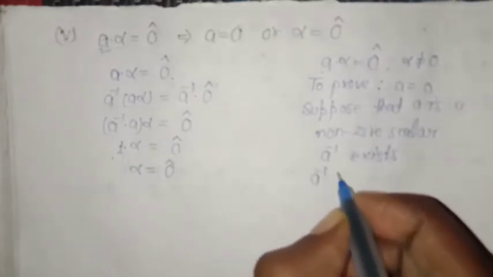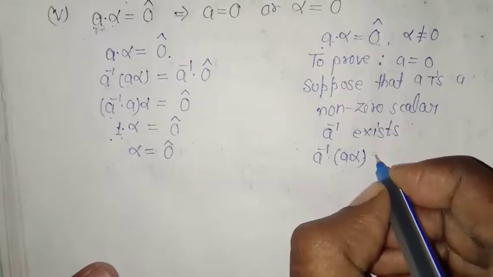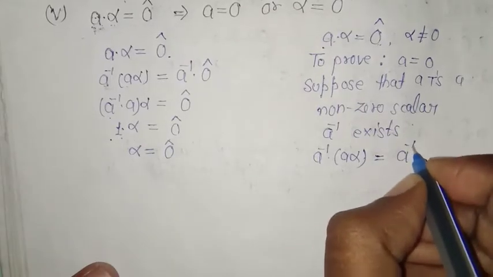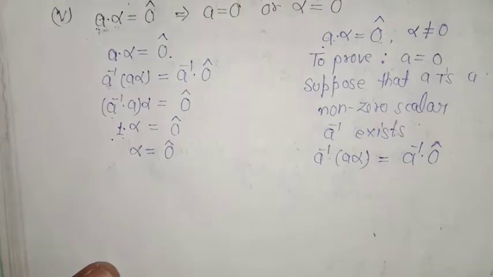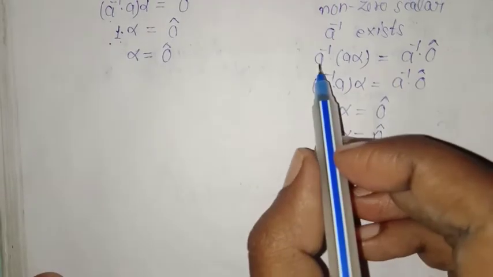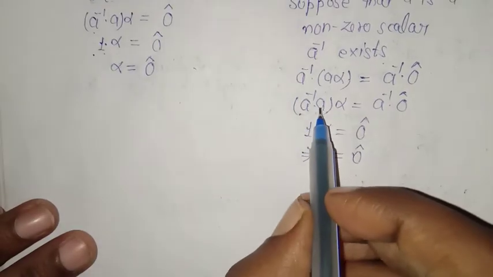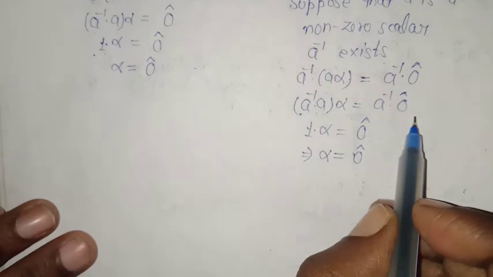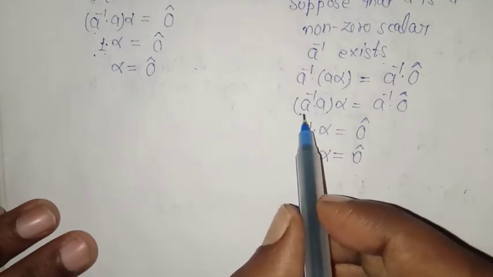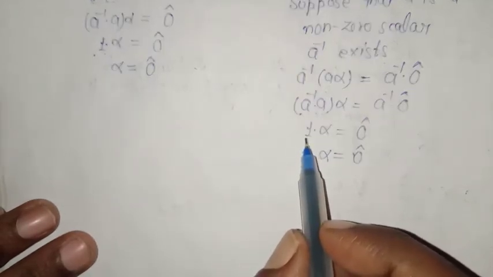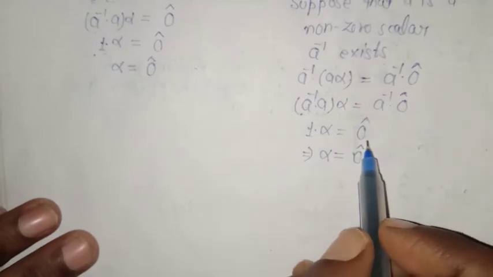So this becomes A inverse dot A alpha is equal to A inverse dot 0 vector. So if I multiply, this becomes A inverse dot A into alpha is equal to A inverse dot 0. This can be written as the unity element of the field F. So this becomes 1 dot alpha is equal to 0 vector.